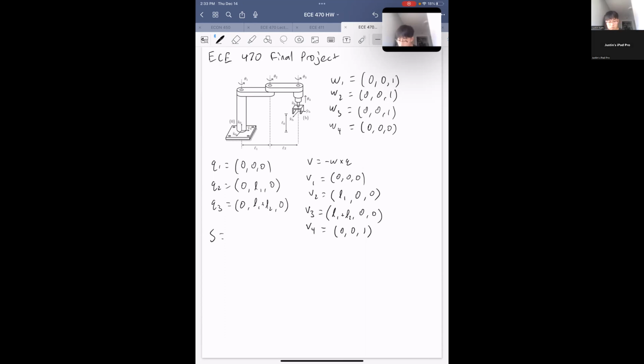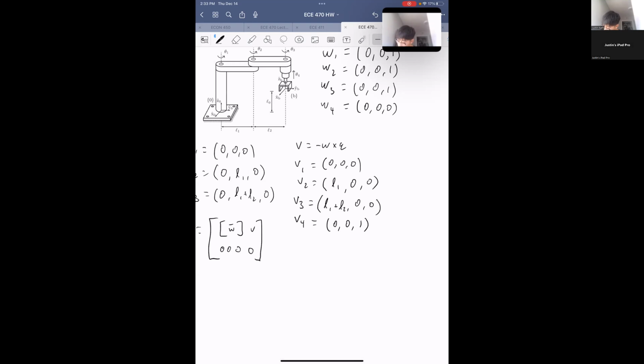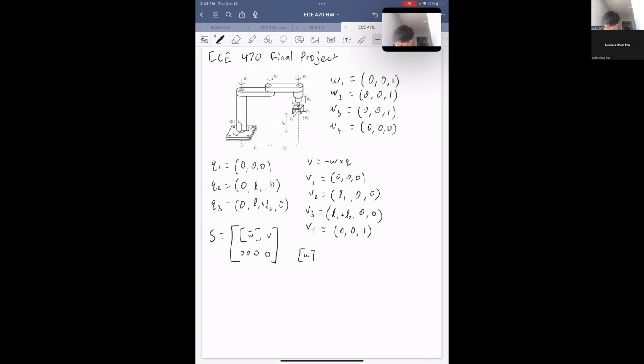S is equal to a 3x3 matrix omega times a 3x1 vector here, and then followed by a bottom row of all zeros. Now this omega matrix is given by this equation.